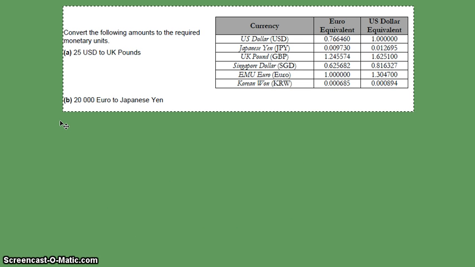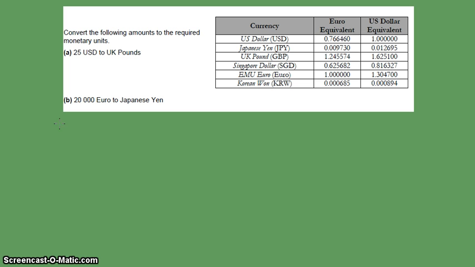Okay, for letter B, we will be doing a similar procedure. In this case, we want to find the conversion of 20,000 euro to Japanese yen. So you need to look for the relationship of euros to Japanese yen. When you look at the table, we have 1 Japanese yen to euro.